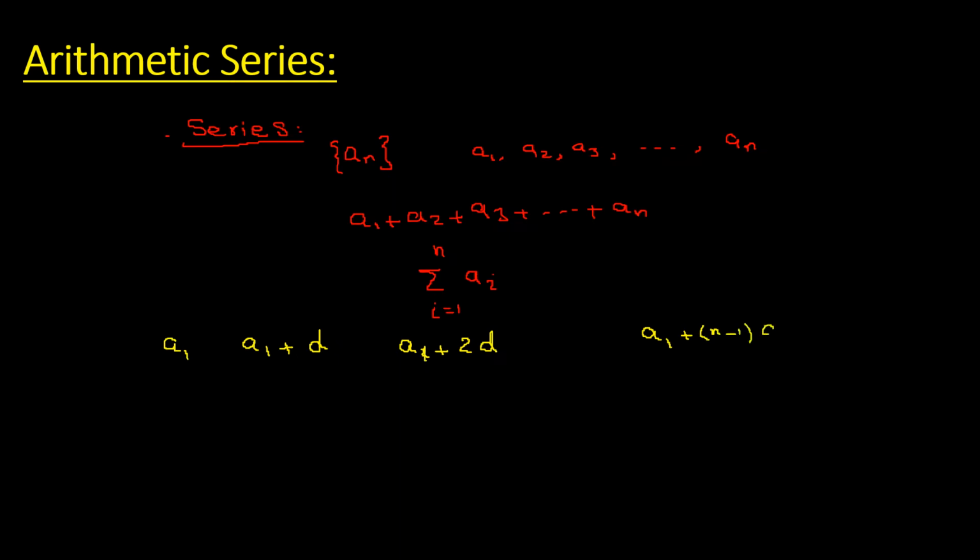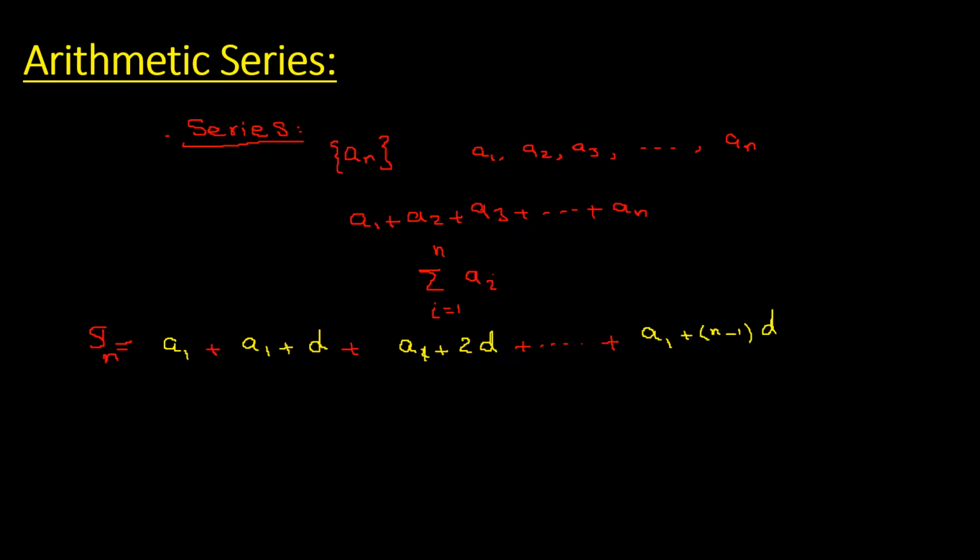These are the terms given in an AP, and taking the sum of them is known as an arithmetic series. We say this is Sn, the sum of n terms. So Sn equals a1 plus this, plus so on, to plus this one. These are the n terms given in an AP whose sum Sn we are taking.